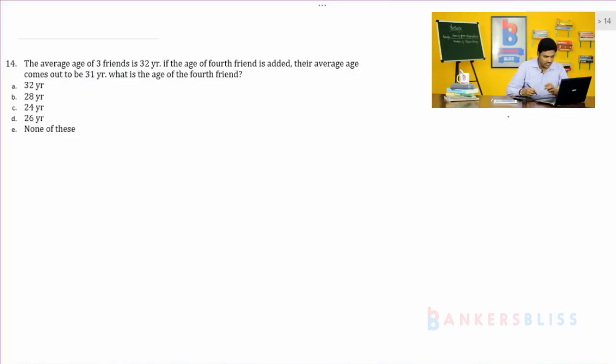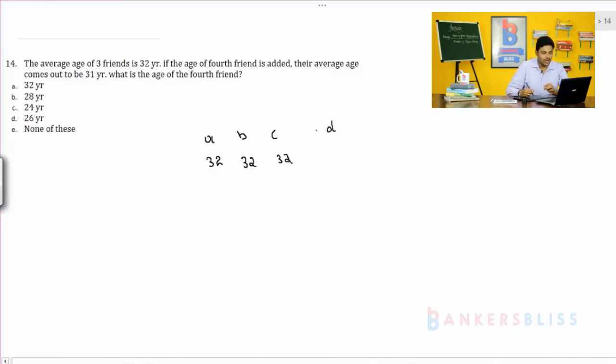Consider the 3 friends are A, B, C. They are having their average age 32, means all are having 32, 32, 32. If D is coming, the average is becoming 31, means A is losing 1, B is losing 1, C is losing 1. Altogether they are losing 3.